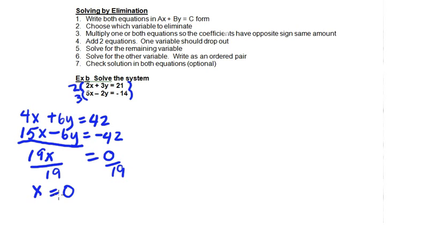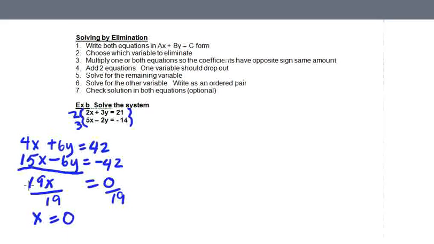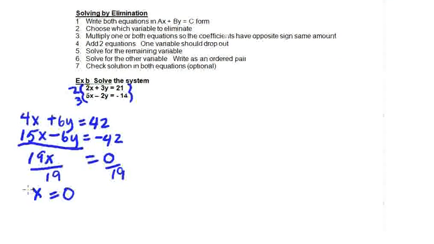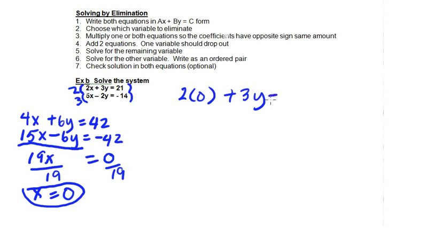Now that we've got our x, we need to go back and solve this for y. So we will take this x equals 0 and plug it into either one of the original two equations, or if we wanted, we could use a modified equation. But the original equations are a little simpler, so I'm going to take 2 times 0 over here. So 2 times 0, which is our x, plus 3y is equal to 21.